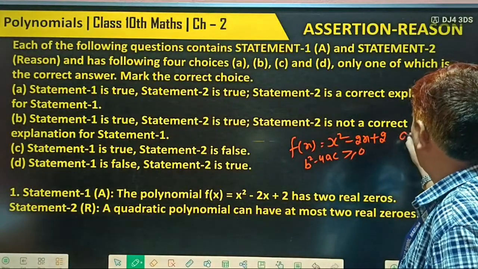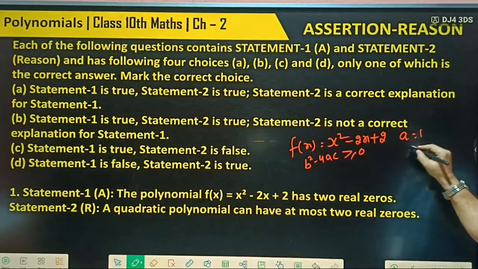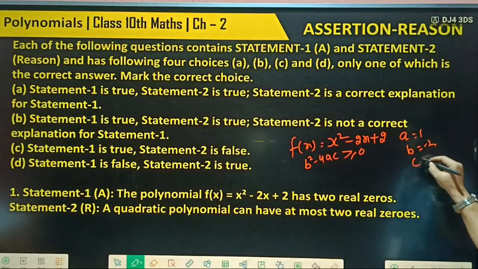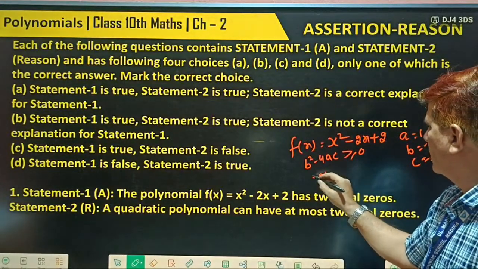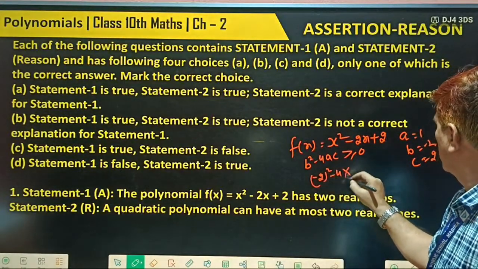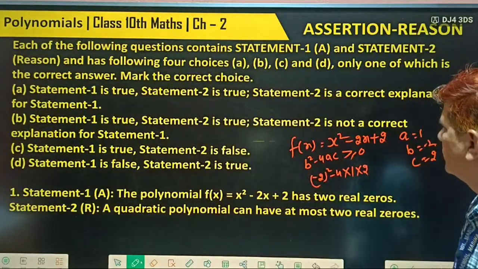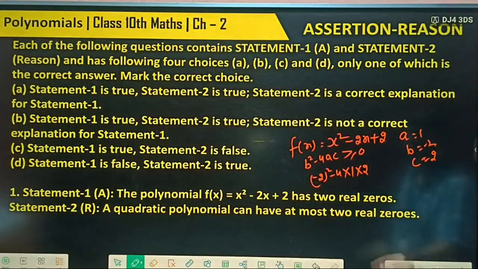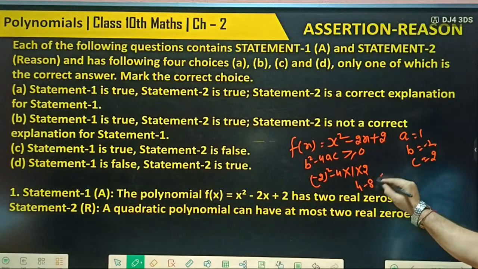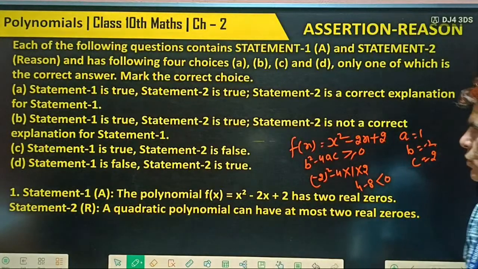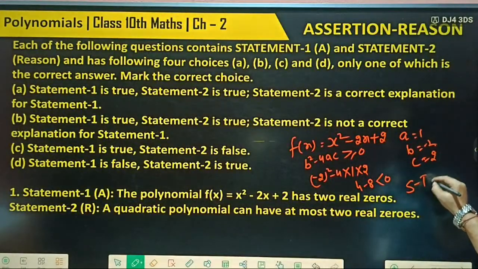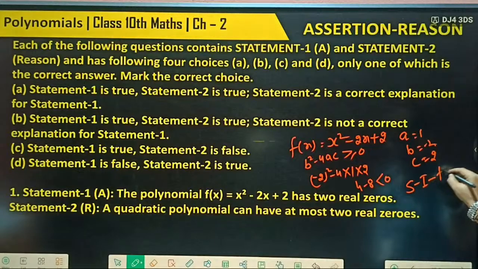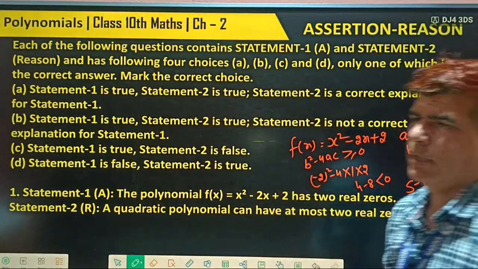What's a here? a equal to 1, b equal to minus 2, and c equal to 2. So b square is 2 square, minus 4 into a into c. Yes or no? 4 minus 8 is less than 0. So statement 1 is false. Its real roots do not exist.